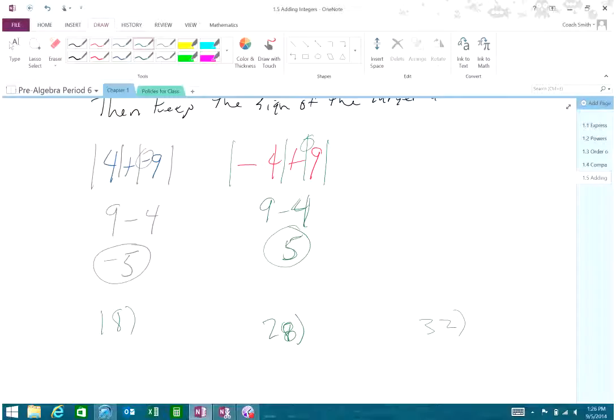All right. What is the original problem for 18? 13 plus negative 3. Copeland, what did you get? Yes, positive 10. That is correct.